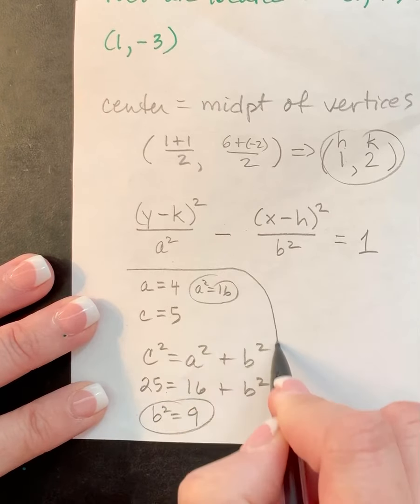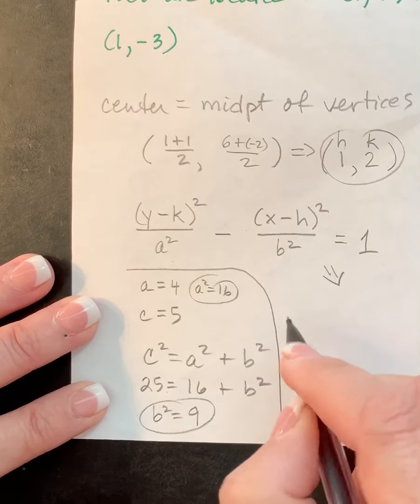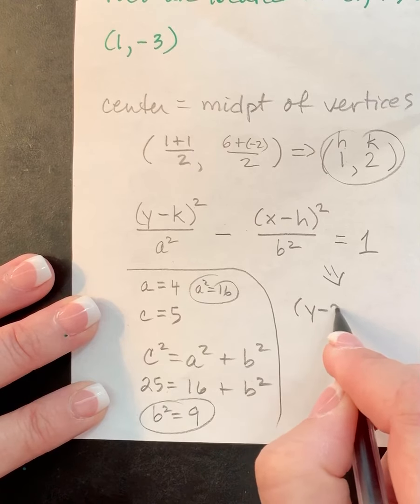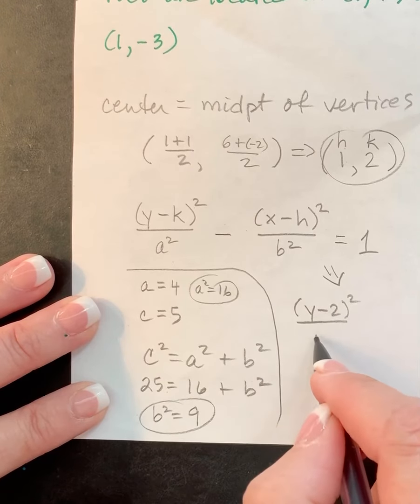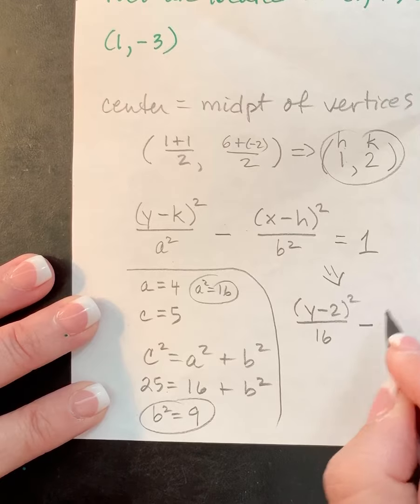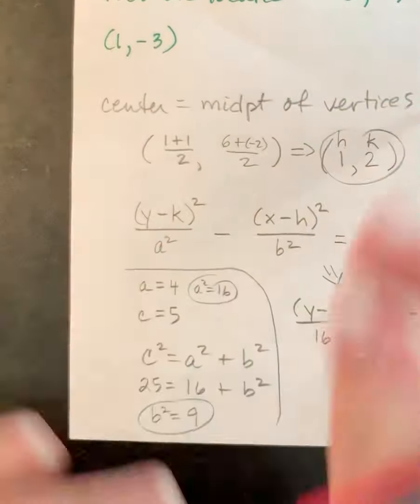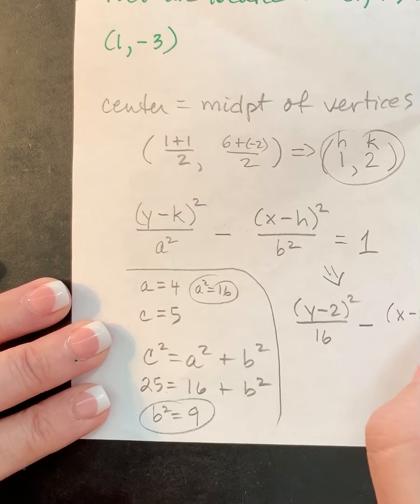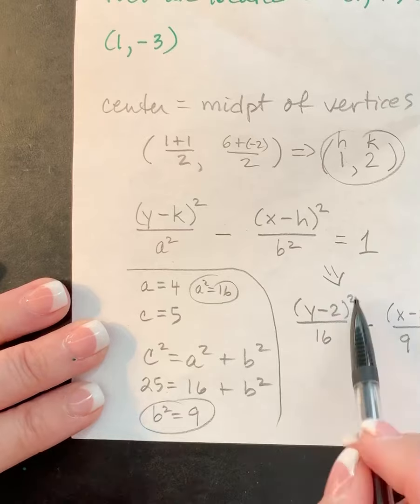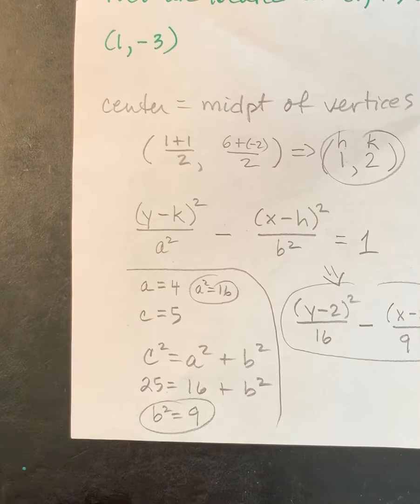So going straight to the answer, it'll be y minus 2 squared over 16 minus x minus, oops, I had to put 2, it's going to be 1. X is always minus h squared over 9, and that's equal to 1. So that would be the standard form.